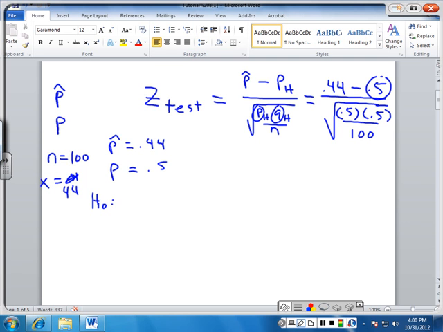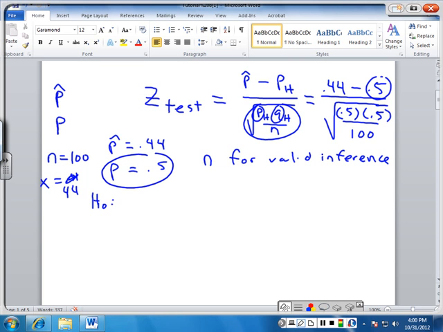One other thing I wanted to say is, when is n large enough for valid inference? It's not the 15, 40, 100 rule. It's this. You have to look at your standard error, in this case the hypothesized proportion, the 0.5 here.